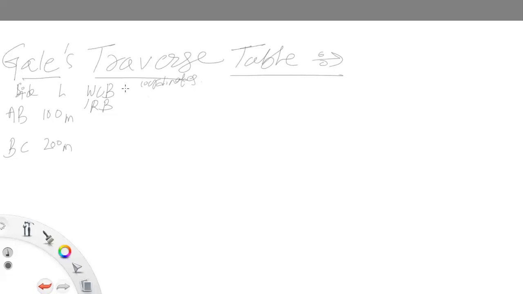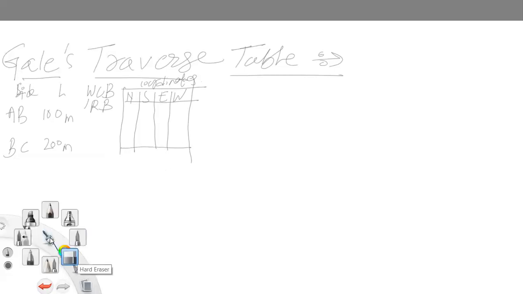And now here is the different thing: you will have four sub columns, which are north, south, east, and west. This is the different thing in the Gale's traverse table method. So this is nothing but your Gale's traverse.